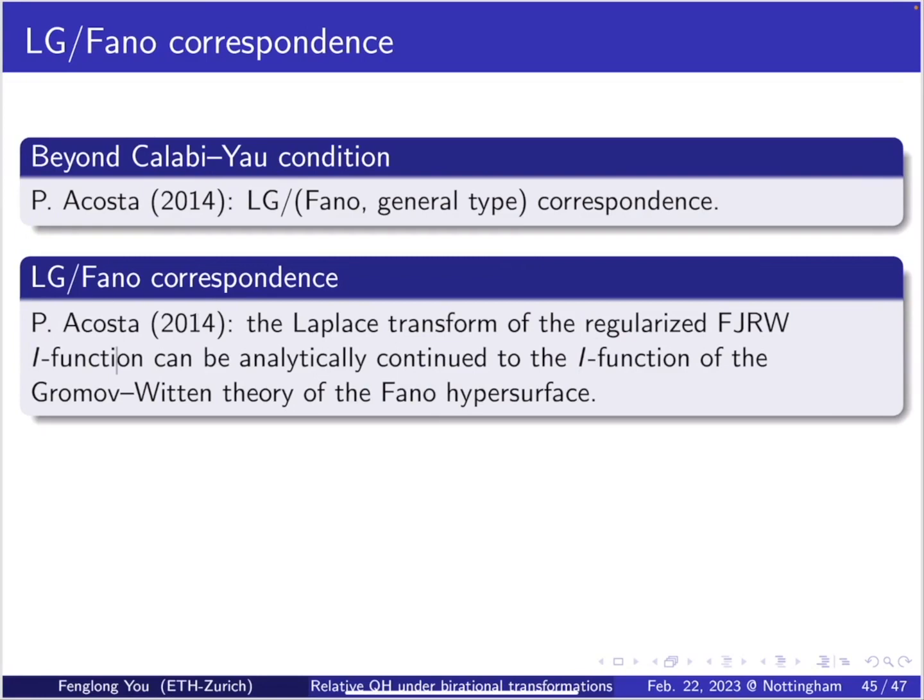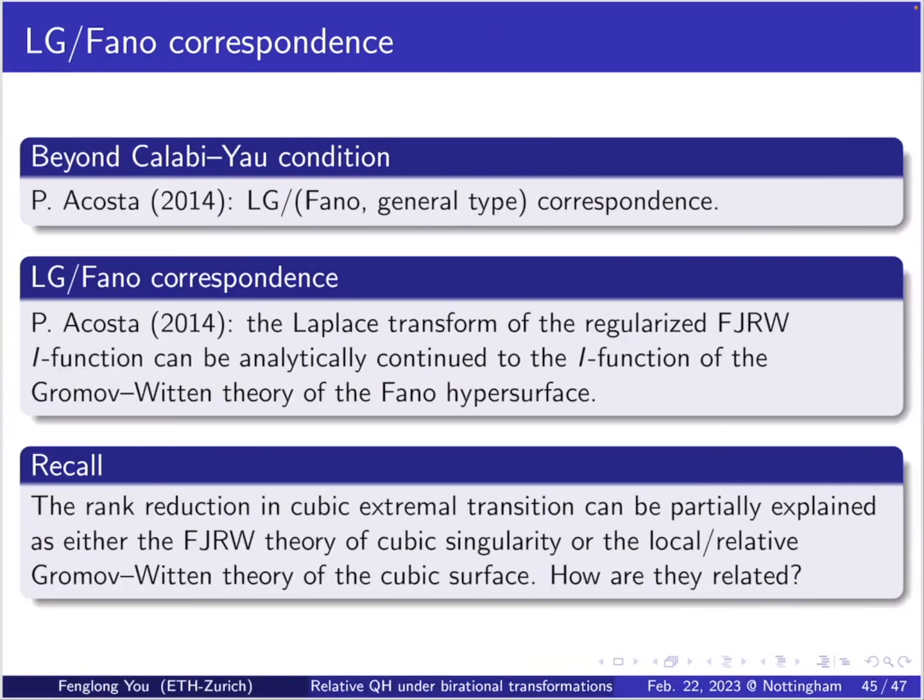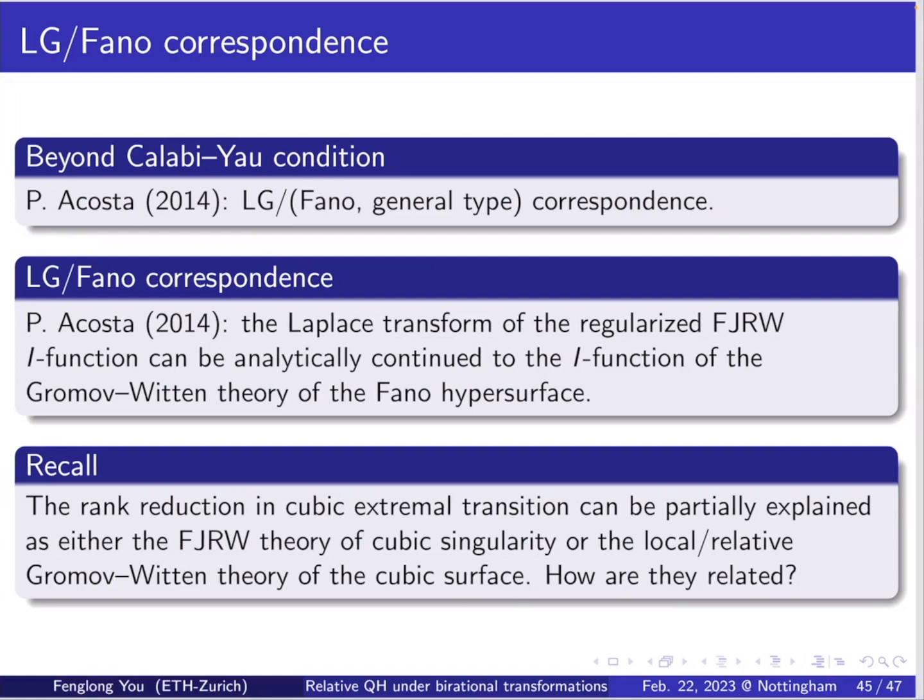So there's a case for the Fano case, and the rank reduction. Now, the rank reduction in the cubic extremal transition case can be explained as the FJRW theory of the cubic singularity and also the relative or local Gromov-Witten theory of the cubic surface. And the relation here can be understood as a version of the Landau-Ginzburg/Fano correspondence or Landau-Ginzburg/Calabi-Yau correspondence.